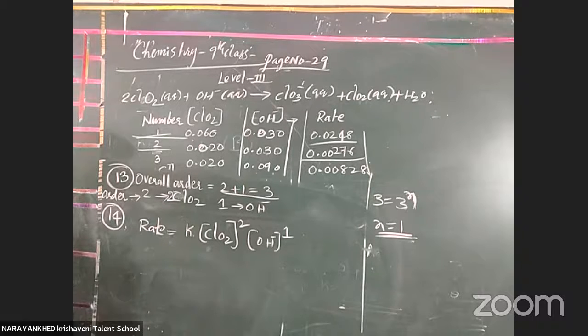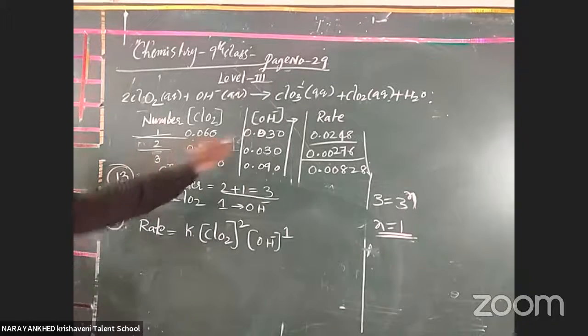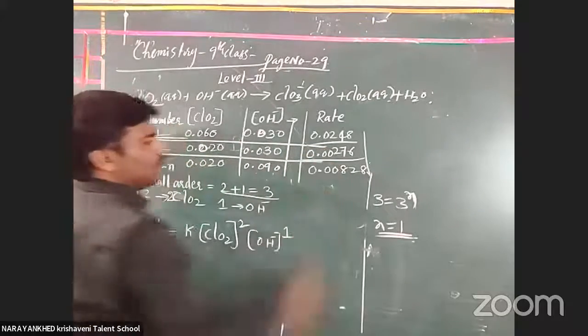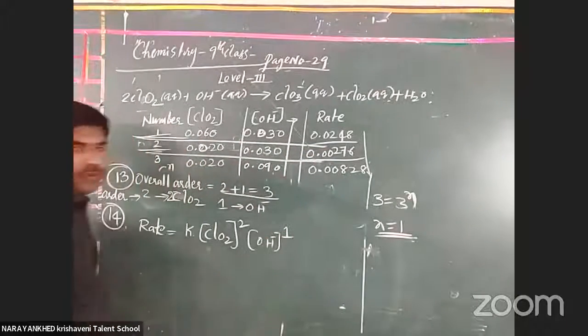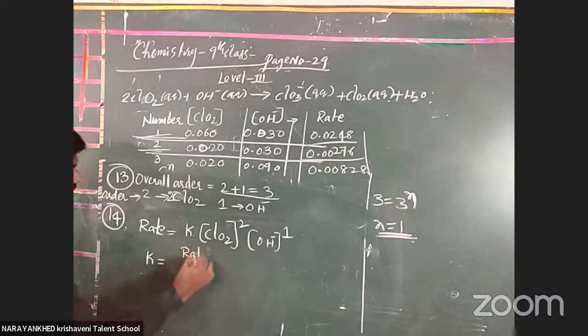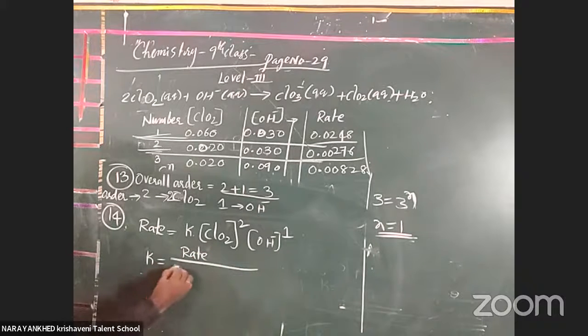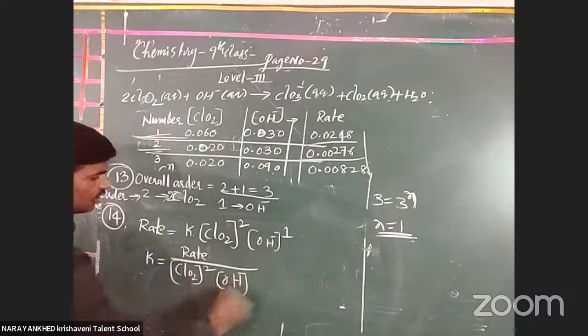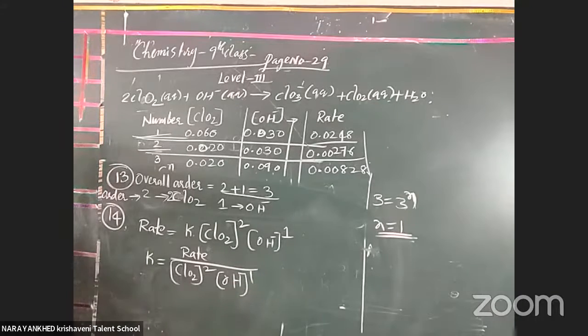Take any one of the experiments, this one, this one, or the third, take any one set of values and substitute it in that equation. K is equal to rate divided by ClO2 concentration to the power of 2 times OH minus concentration to the power of 1.